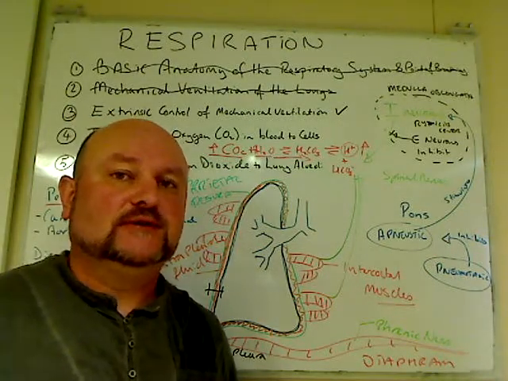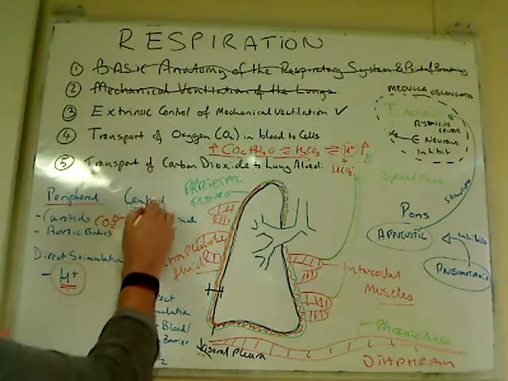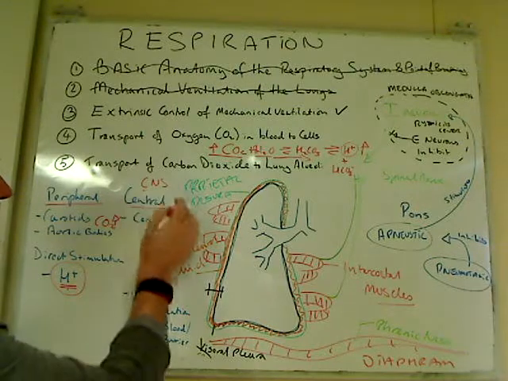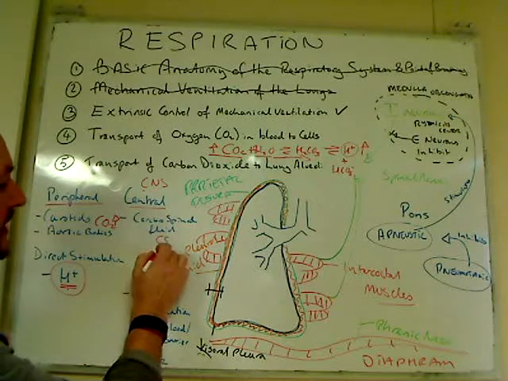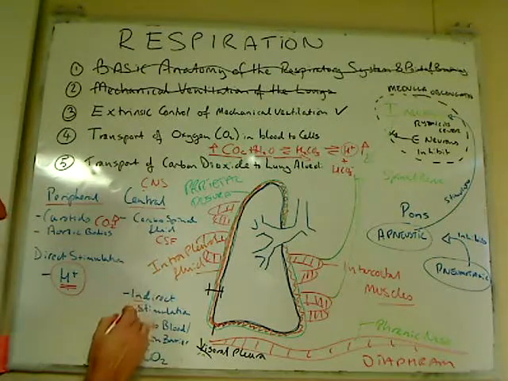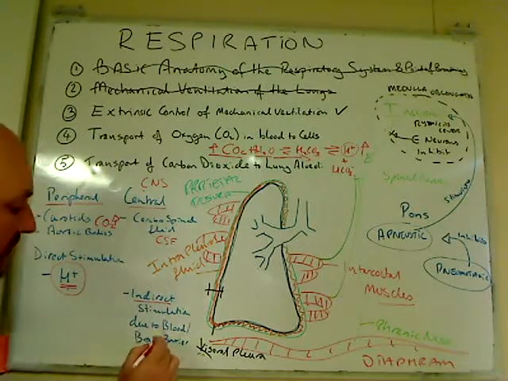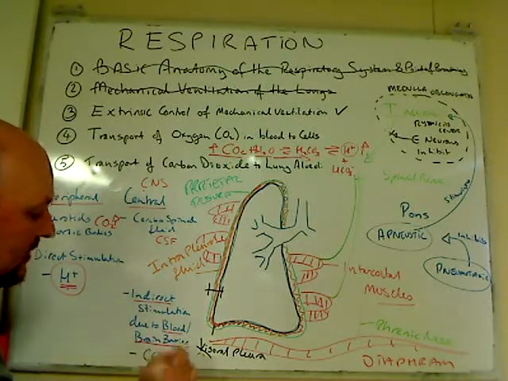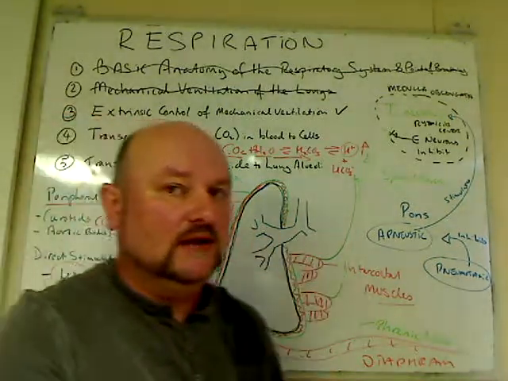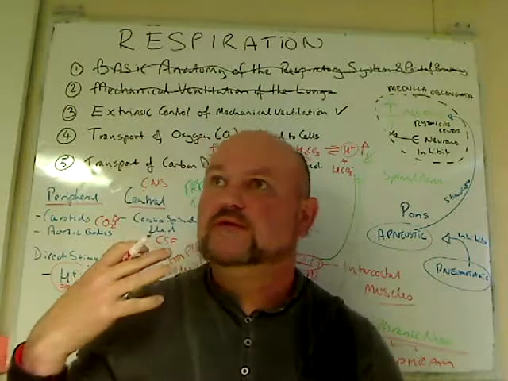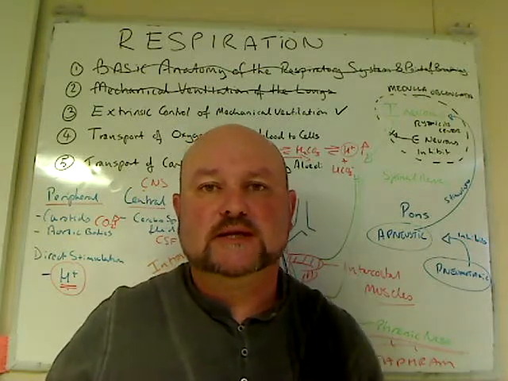We also have a central area as well. So in the central part, we're talking about the central nervous system, and so we detect that in the cerebrospinal fluid, or CSF. Now this is an indirect stimulation, and it's indirect because, if you remember, we have a blood-brain barrier, meaning that when capillaries go through the brain, things do not leave the capillaries through the gaps and just leak out and spread into the brain cells.